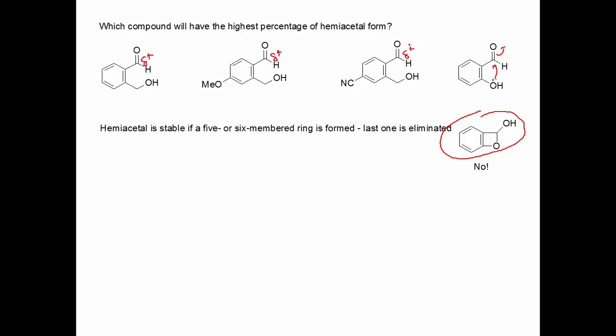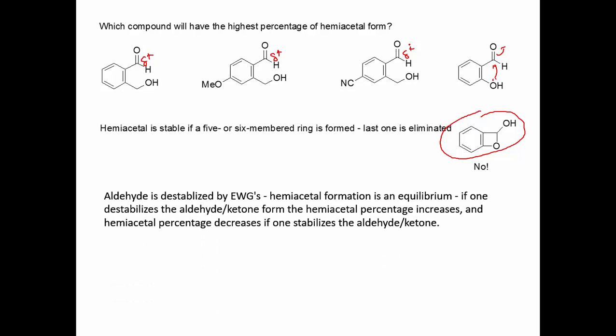So if you destabilize the carbonyl form, it means that you're going to see more hemiacetal at equilibrium. The electron withdrawing group destabilizes the carbonyl group form, so that is the one that's going to be more likely to make a hemiacetal. So let's just go ahead and draw that hemiacetal. Okay, so there we go.